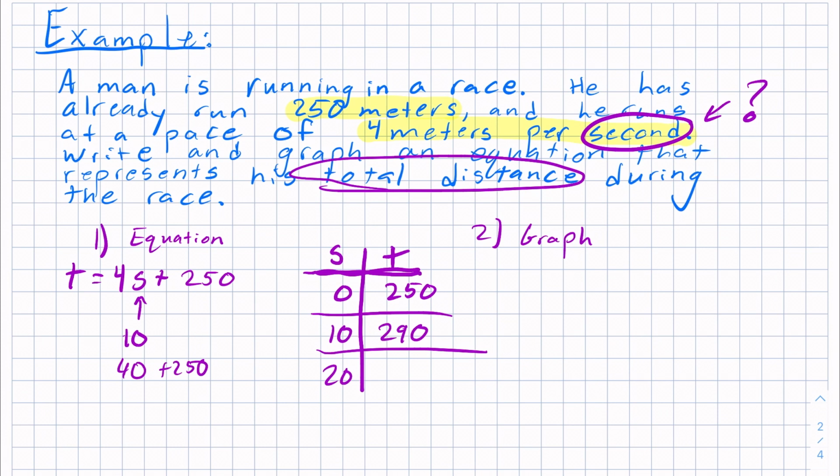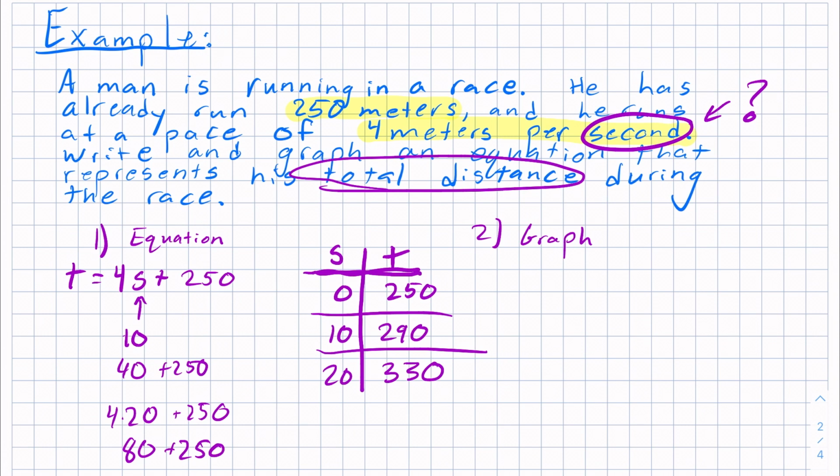And then if he runs for 20 seconds, it'd be 4 times 20 instead of 4s plus 250. So that would be 80 plus 250. So he would have run 330 meters in that time.